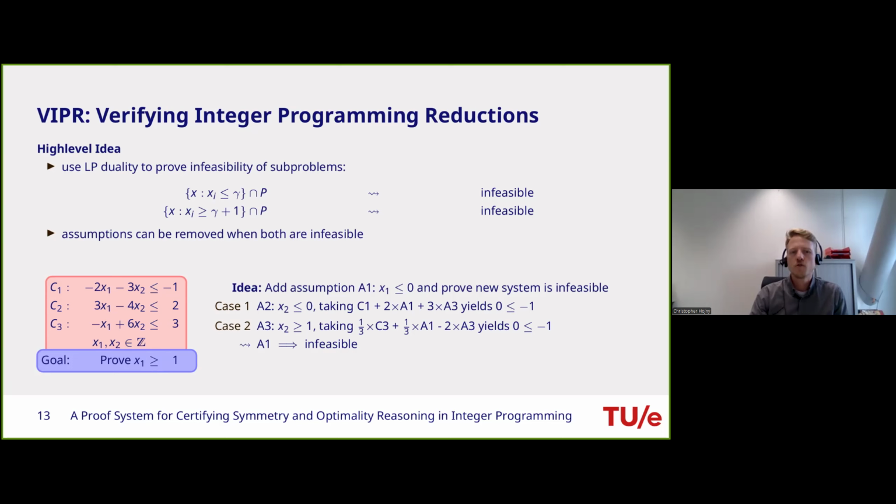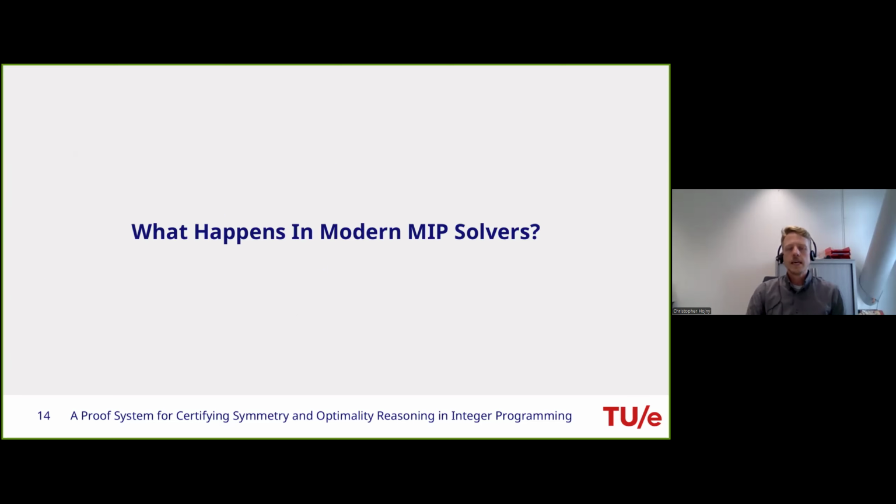So I can show that in every feasible solution, we need to have x1 at least 1.